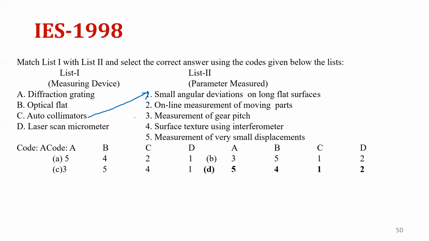Very small deflections you can measure using the optical flats. Surface texture using interferometer. And laser scan interferometer online of moving parts. So in this way, we can choose the correct answer as D. Diffraction grating is for measurement of very small displacements.